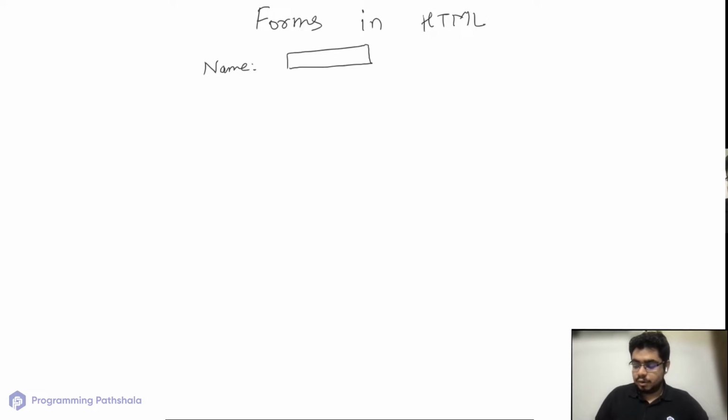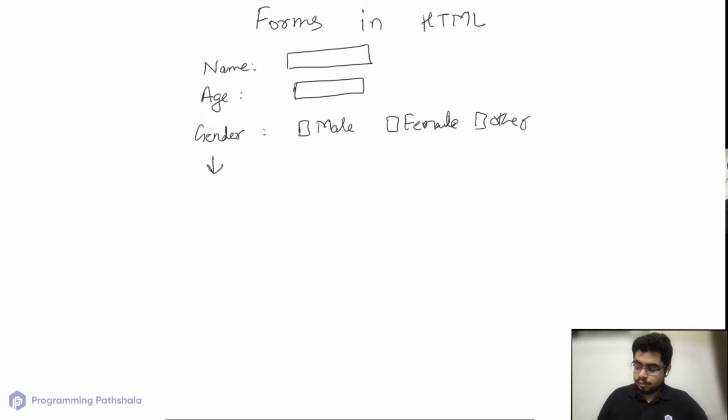Then again, let's say give out your age, which is like a number thing. Then it asks you, what is your gender, and gives you certain boxes: male, female, other, and stuff like that, right? So basically, you can fill this form and simply click a submit button to create some action.